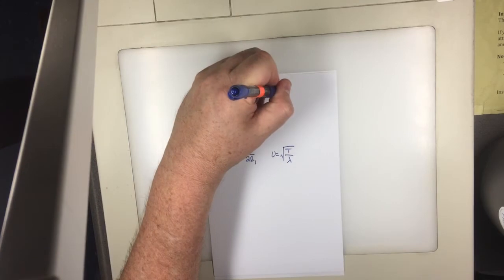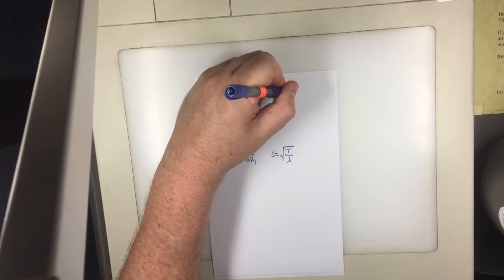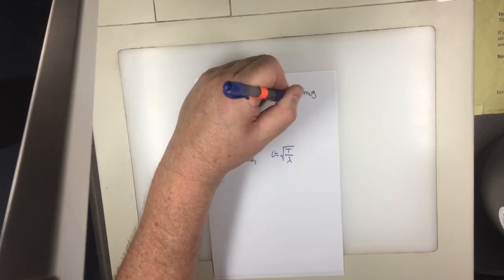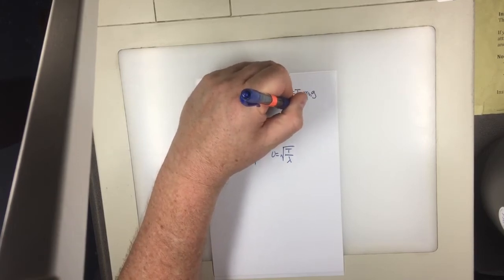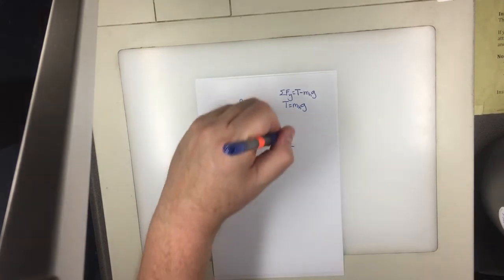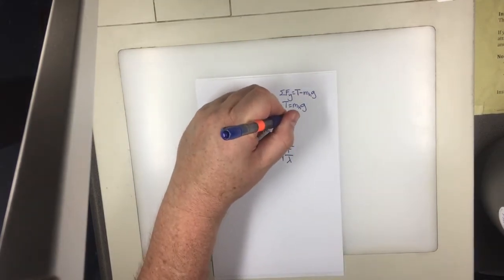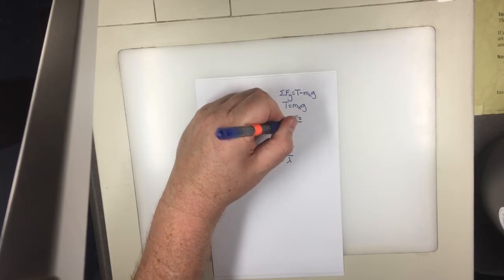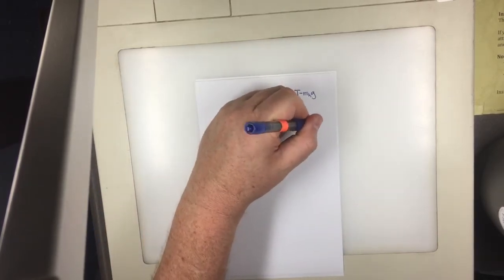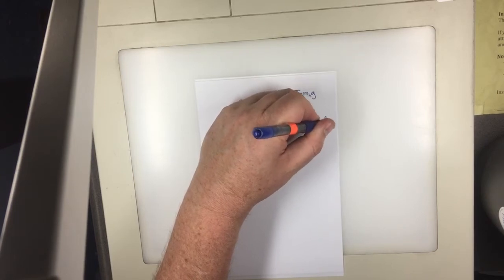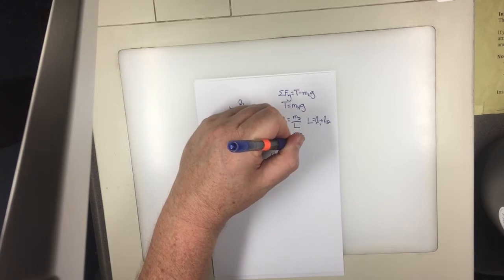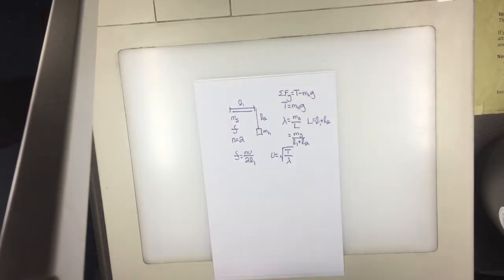The hanging mass provides that tension, and the tension is mhg. Lambda is the linear mass density, mass of the string divided by the total length. The total length is L1 plus L2. So this becomes mass of the string over L1 plus L2.